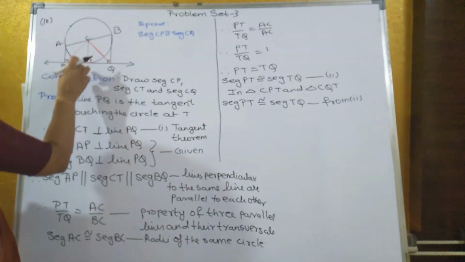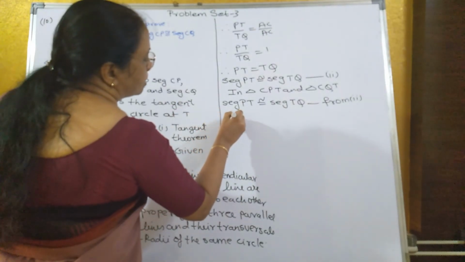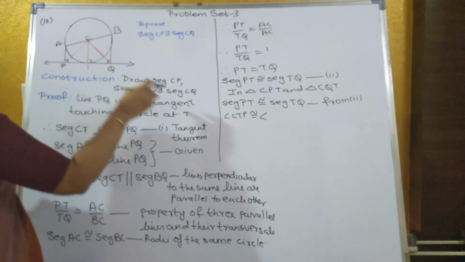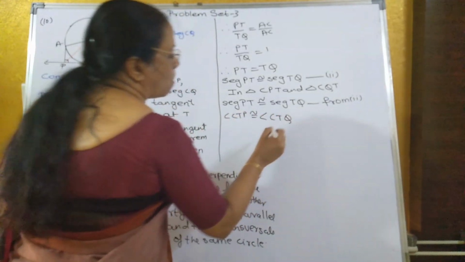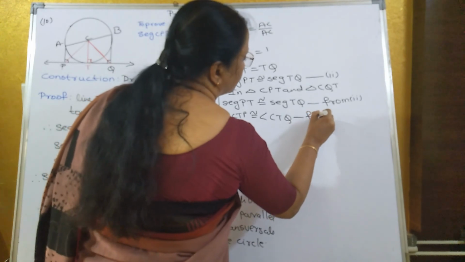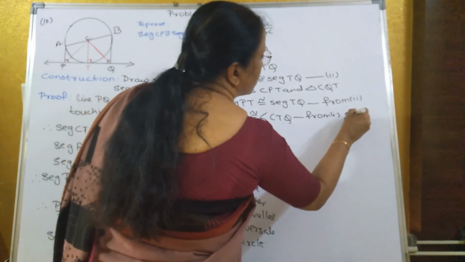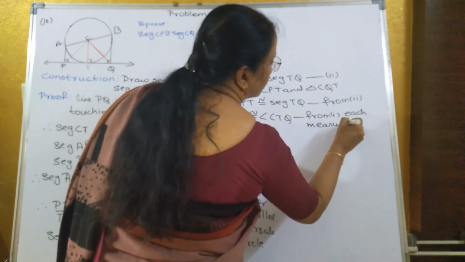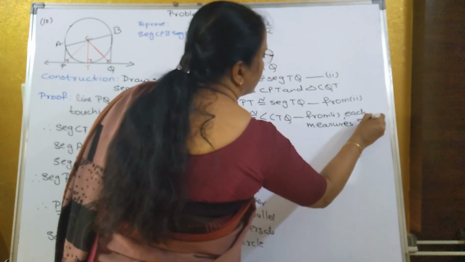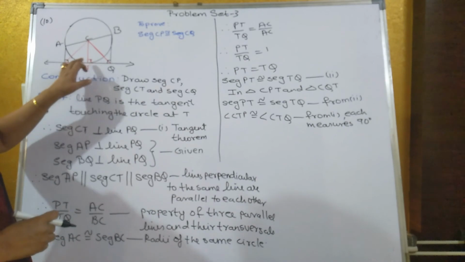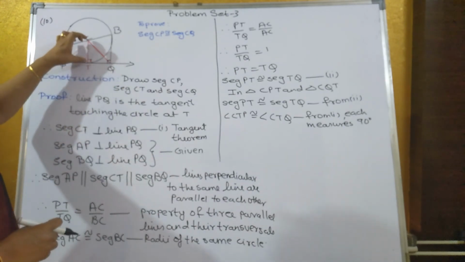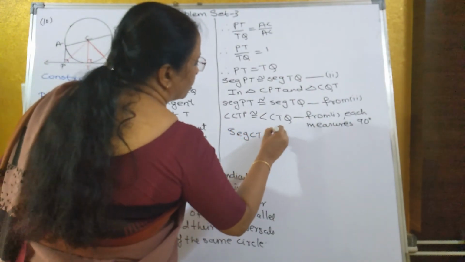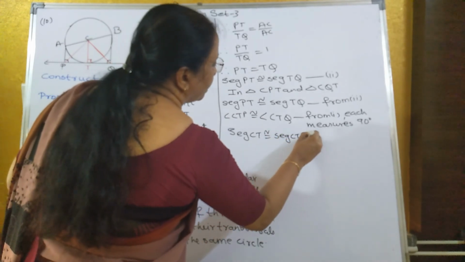And angle CTP is congruent to angle CTQ. Why? From 1, each measures 90 degrees. Since both are 90 degrees, those two angles are equal. Then seg CT is congruent to seg CT. Reason, what will you write? Common side.